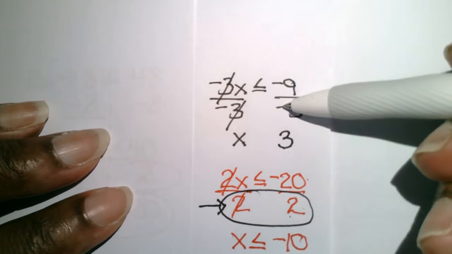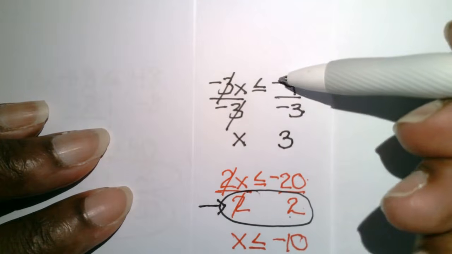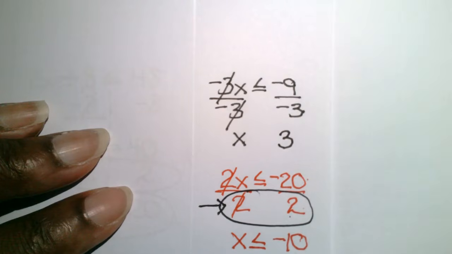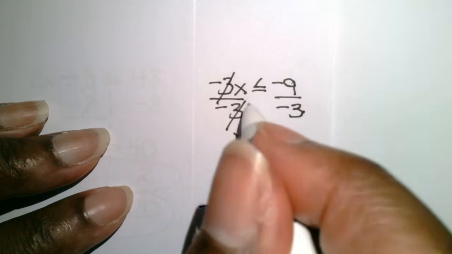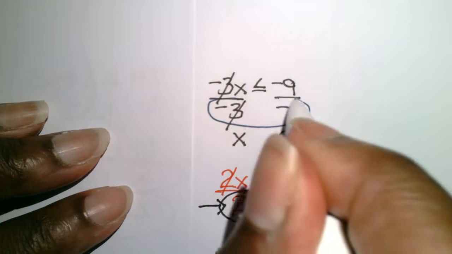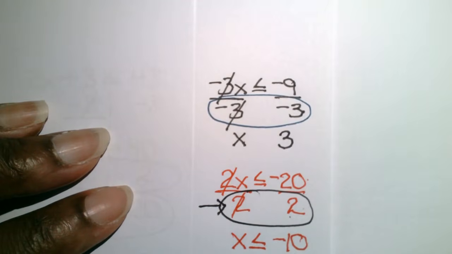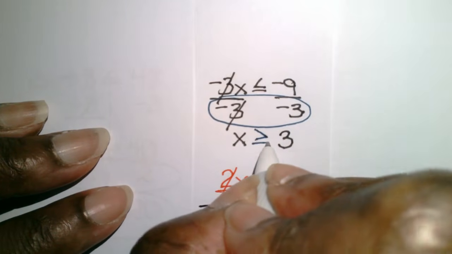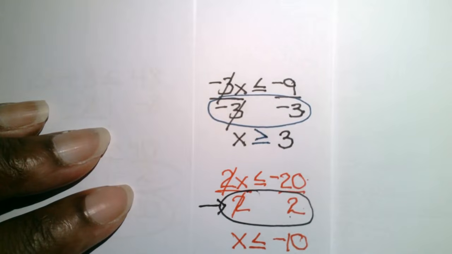Remember, when you have the same signs when you're multiplying or dividing, your answer is always going to be positive. But then, looky here, we were dividing by a -3. So that's when you change the direction of the sign. That's when we flip it.